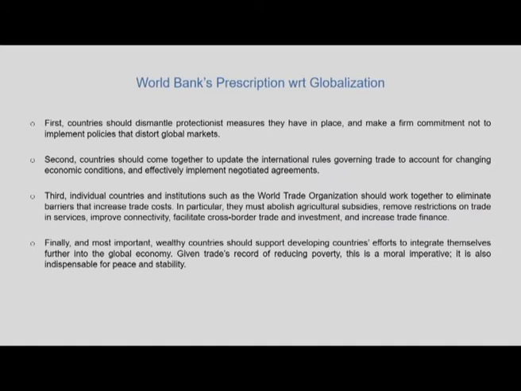The first prescription given by the World Bank is to dismantle protectionist measures that the developing countries have in place and make a firm commitment not to implement policies that distort global markets.